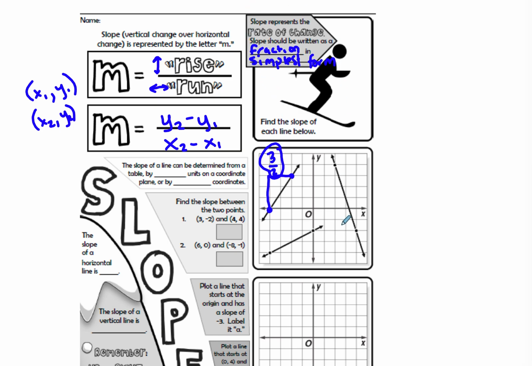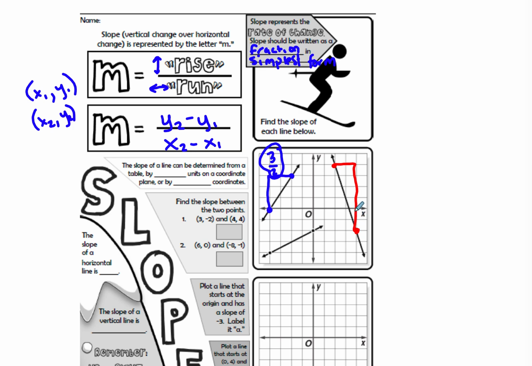All right, let's take a look at this next one. This line is pointing down. It's actually going to give us a negative slope because as we travel from the first point to the second point, we are going down. If we want to call this our first point, then we're going to the left. Either down or to the left is a negative value. All right, so let's see.